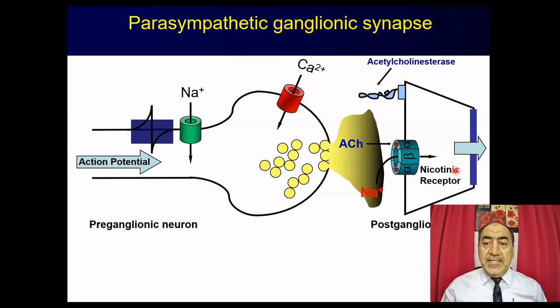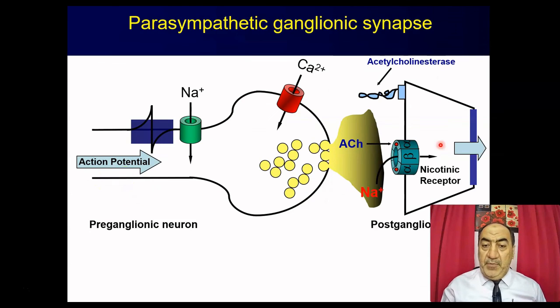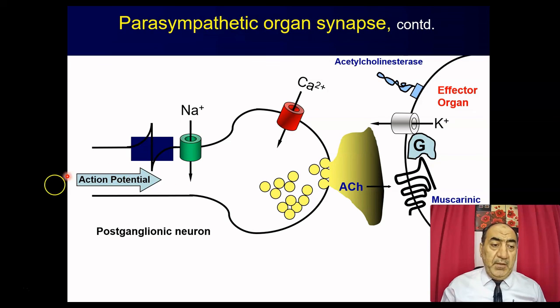Please think of this as the next slide, a continuation of the previous one. When sodium enters, it will elicit an action potential, a sodium-potassium action potential, again with sodium and calcium influx, fusion of the vesicles with the nerve terminal membrane, and expulsion of acetylcholine.